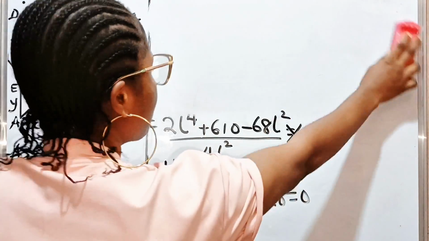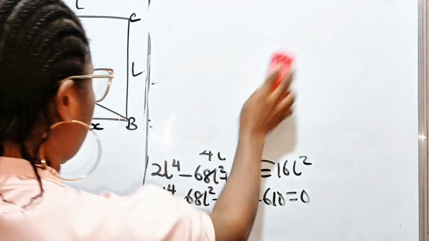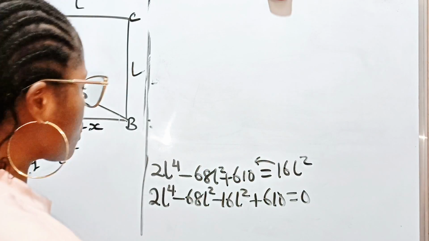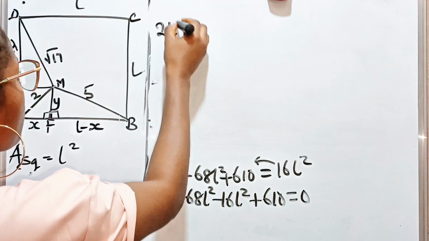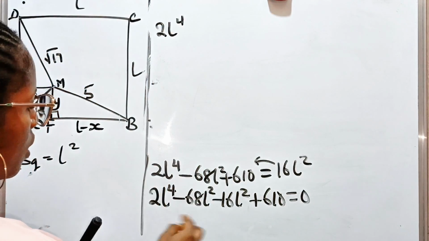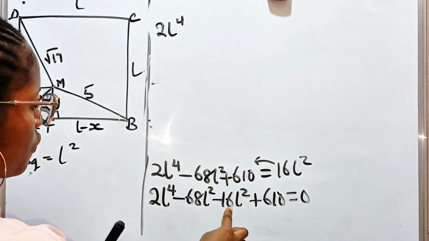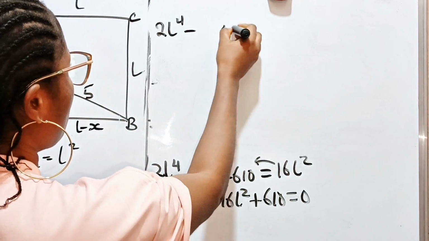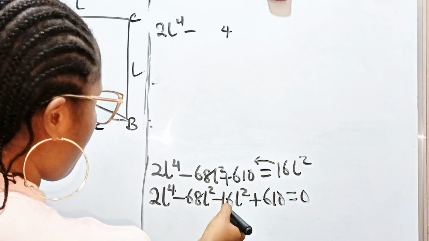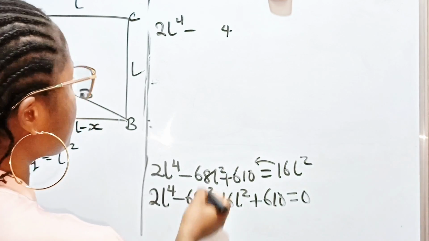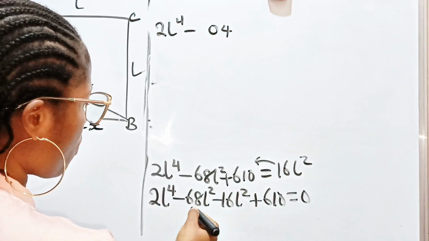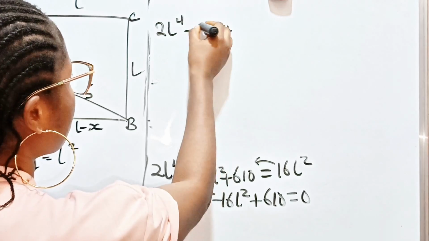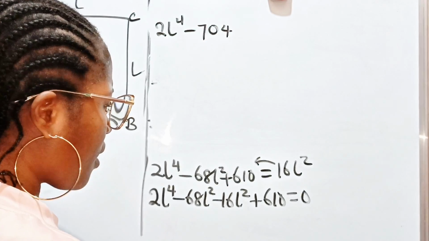Yeah, let us continue. So now we have 2L to the power of 4. Then 8 plus 6 is 14, 4 carry 1. 1 plus 8 is 9, plus 1 is 10, 0 carry 1. So we have 704.